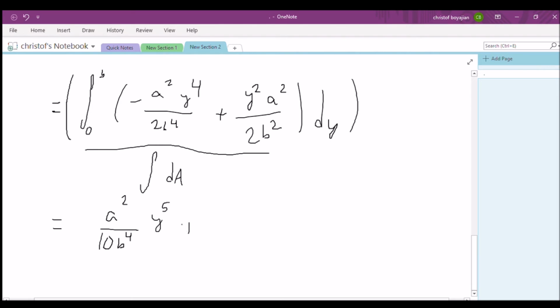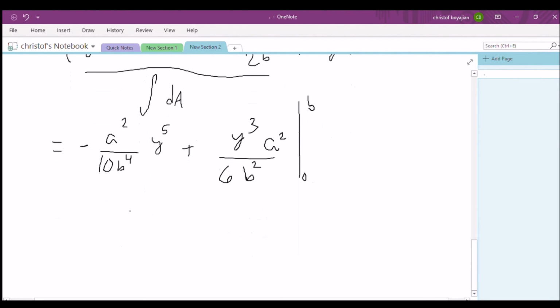Okay, and then this is also negative, so don't forget about that. I almost did. And this should be y cubed over 6b squared times a squared. And we're evaluating this from 0 to b, over our dA.